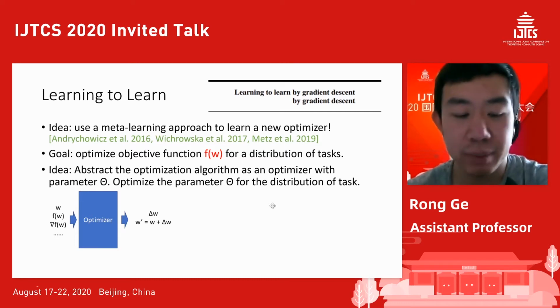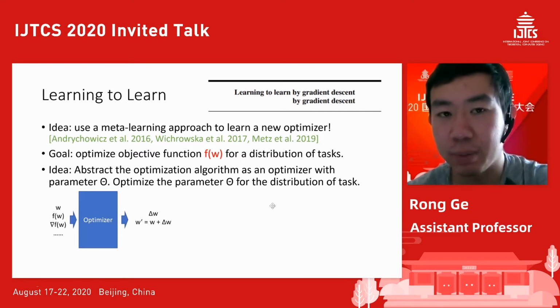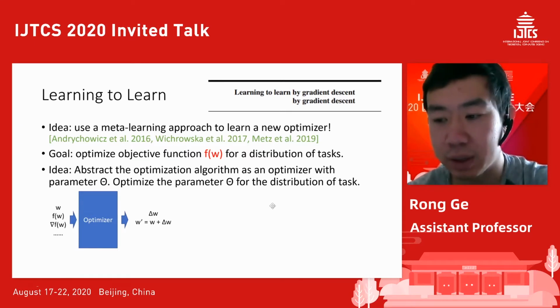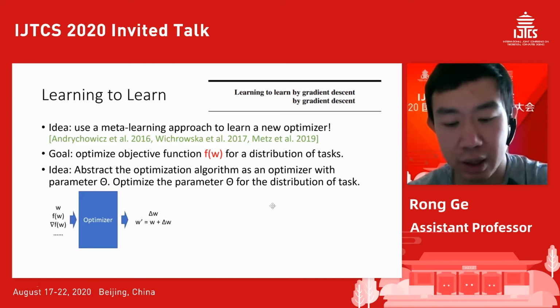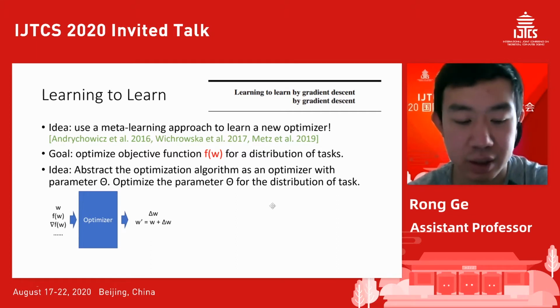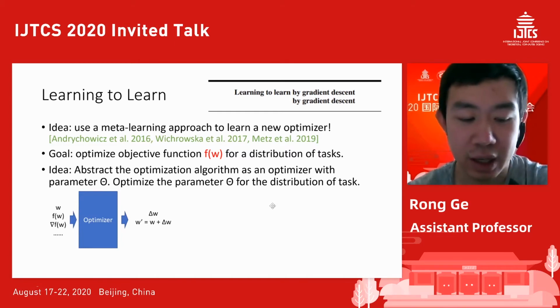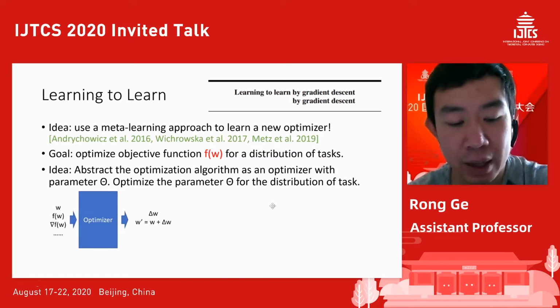Well, this box takes some information about the parameters of the current point, or sometimes also the history of the optimization. So it takes the current point, w, the function value f at the current point, the gradient of f at the current point, and also possibly all kinds of historical information about, say, average gradient, average function value, and so on.